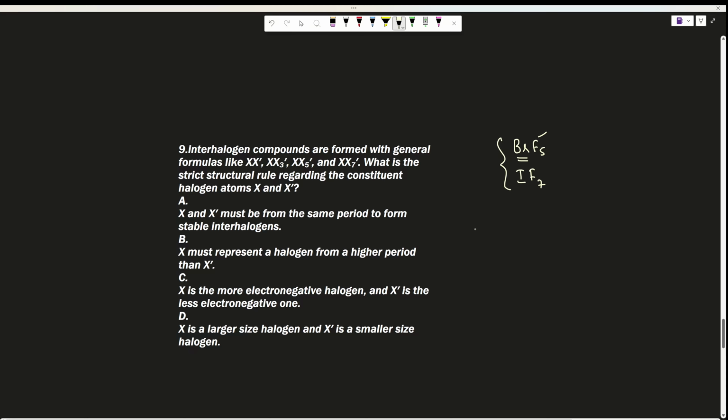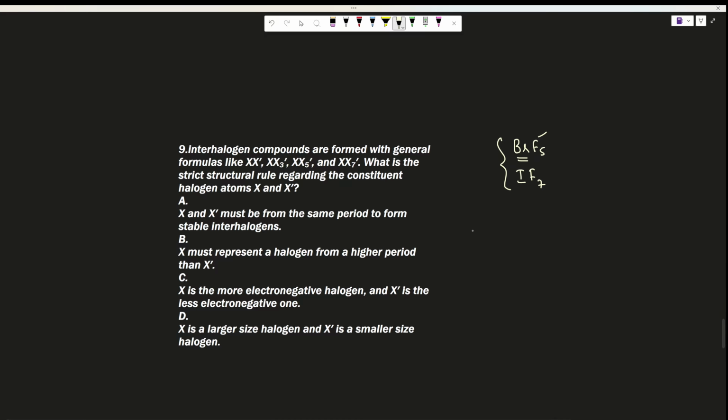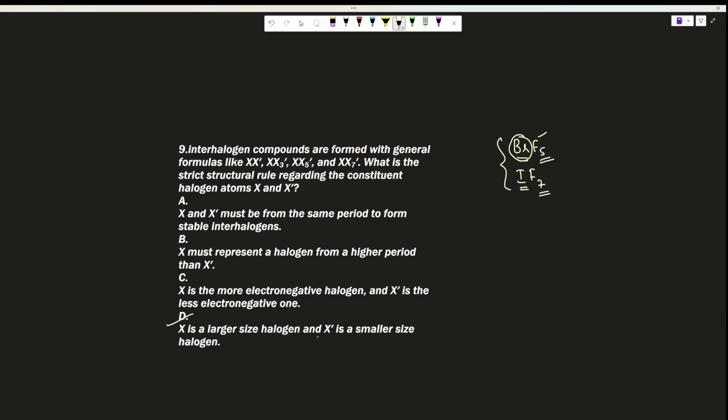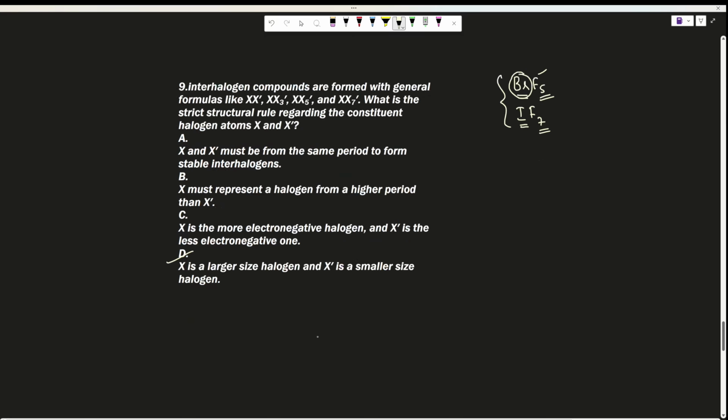Because if the surrounding atoms are larger, there will be steric repulsion, right? But in this case, the central atom is larger, so it will have more space to accommodate these 5 fluorine atoms, or iodine will have the space to accommodate 7 fluorine atoms. So the rule is X is larger when compared to X'. That should be the rule.